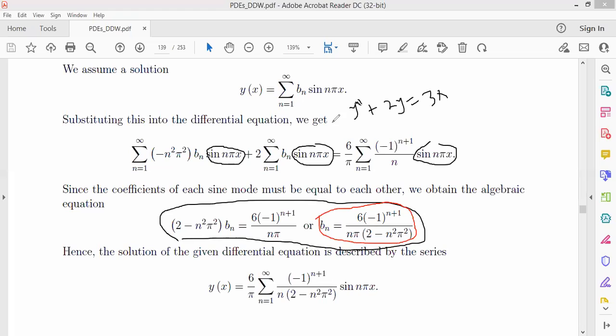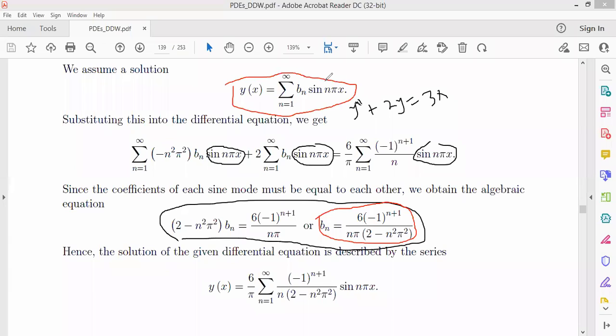So all we need to do in this generic form, please look at what I am enclosing in red, this is the generic form. Since this is the generic form, all we need is to substitute the value of Bn.